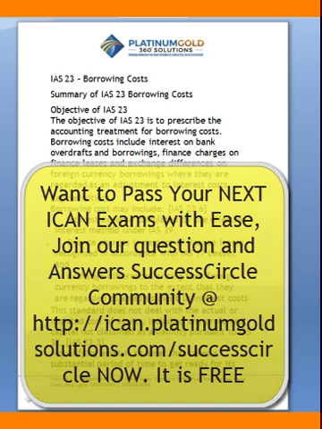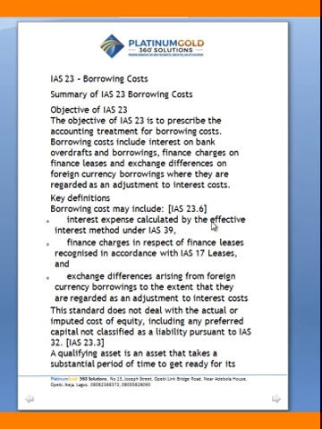Number 1, interest expense calculated by the effective interest method under IAS 39. 2, finance charges in respect of finance leases recognized in accordance with IAS 17 Leases. 3, exchange differences arising from foreign currency borrowing to the extent that they are regarded as an adjustment to interest cost. Those are the things that we can refer to as borrowing cost, a combination of them.